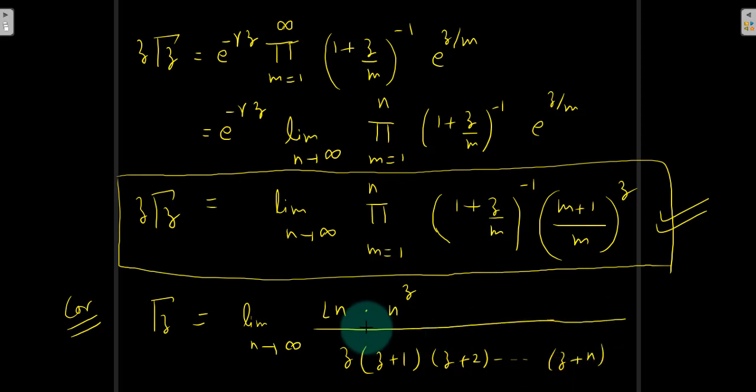Okay, so this is also a very good result. We are going to prove this result now. So we will start from this equation 2, which is Euler's product for gamma function.